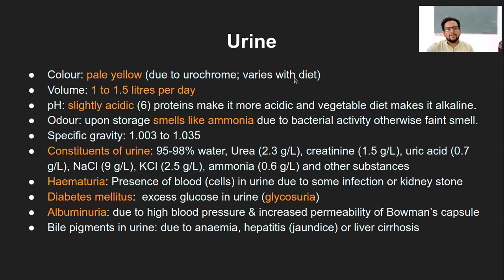And this color may vary with the diet. If you are drinking a lot of water, or if you are drinking less water, in either case the color will change. If you are undergoing certain infections, the color would change a bit, because that will give a turbid consistency to the urine.